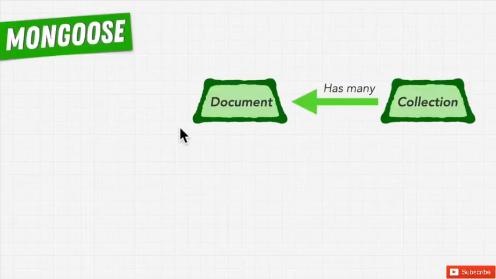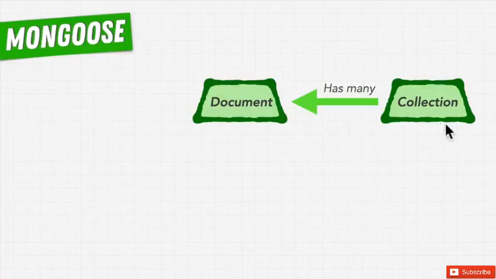Now, we mentioned that Mongo doesn't enforce schemas. You can look at Mongo as a schemaless database. It's up to whatever is accessing our Mongo data to enforce some structure on the data that lives in our collections.